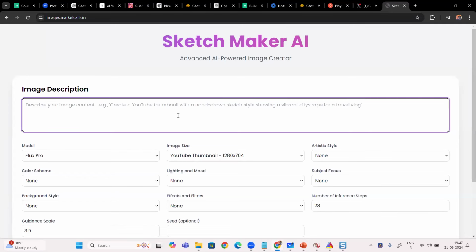For example, let's say I want to write a blog about Fed likely to cut the rates. This is my prompt, basically.